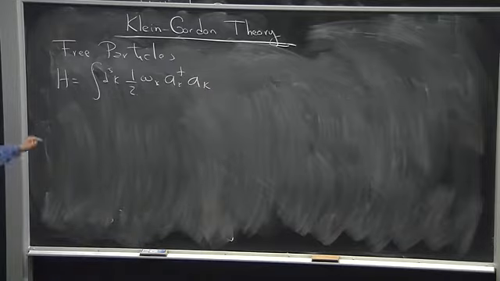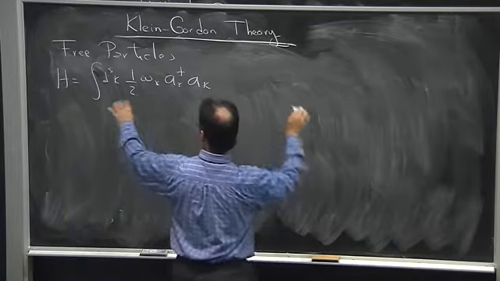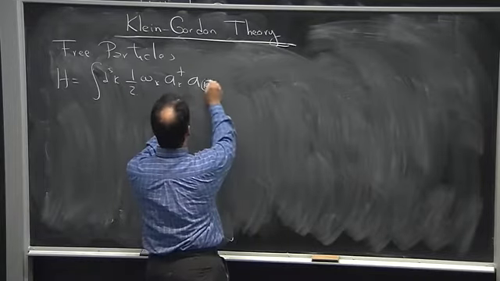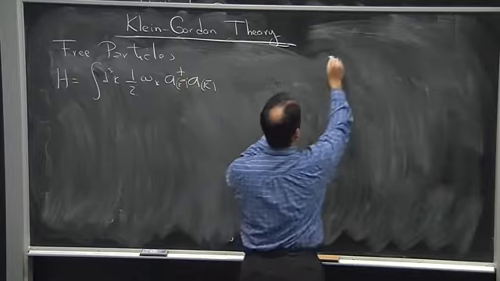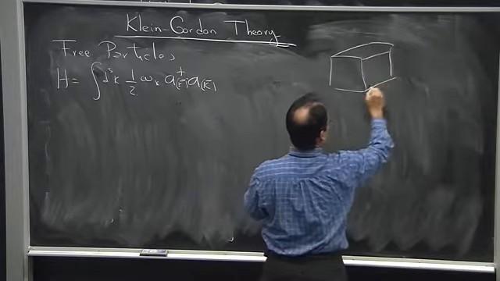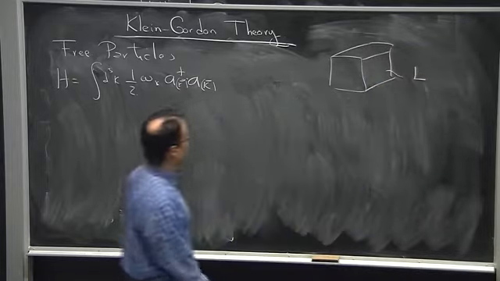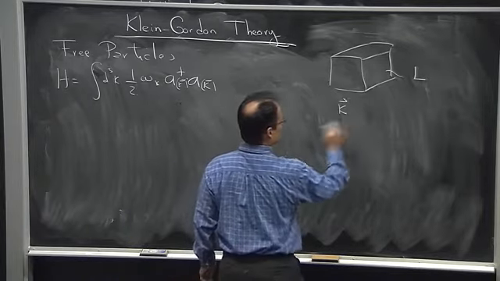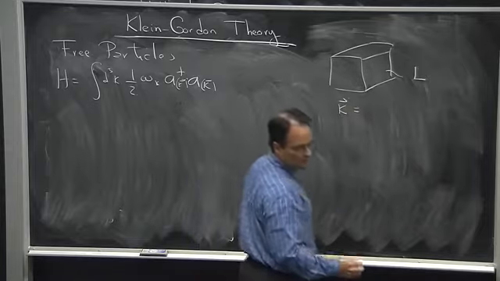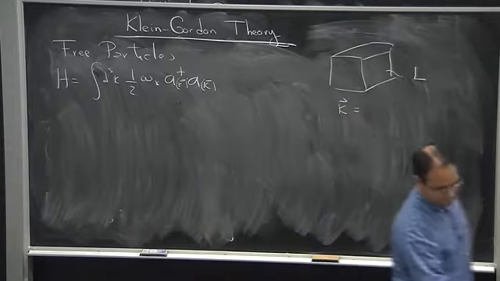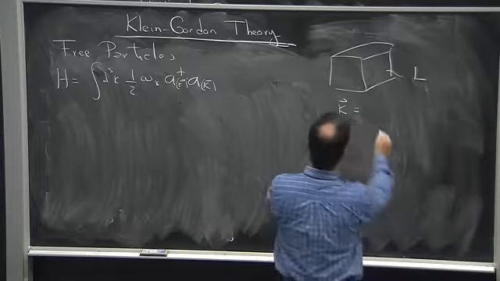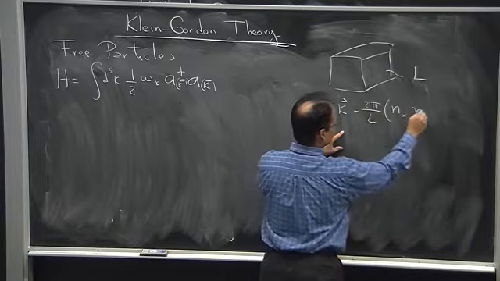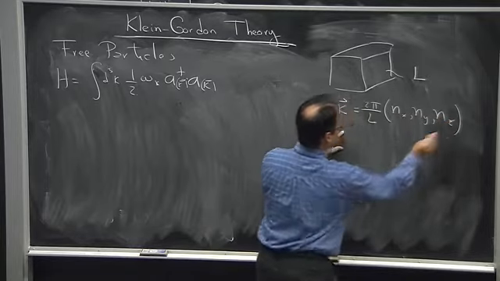This looks complicated, it's a continuous system, so let's put this system in a box of some length L, such that the possible values of momenta are quantized in a lattice of this form.